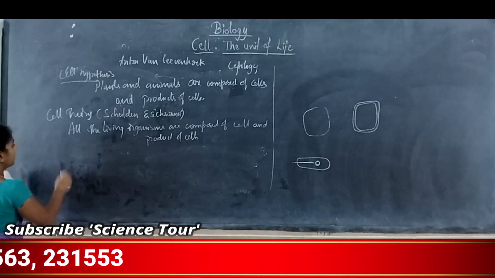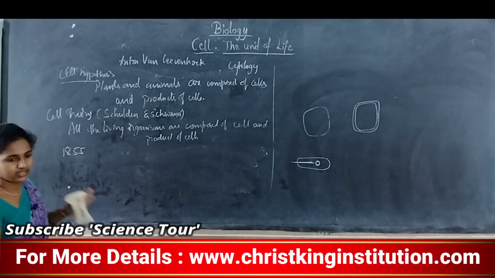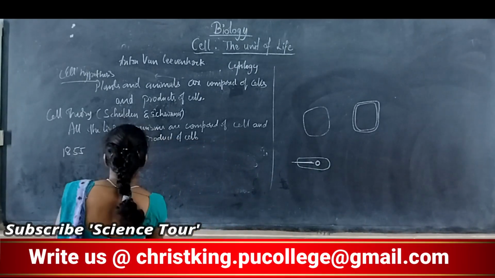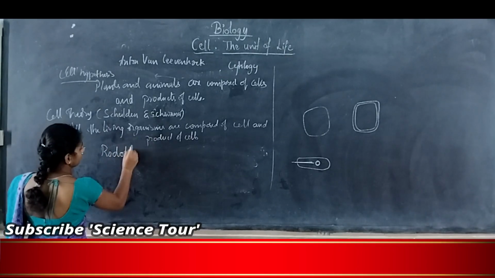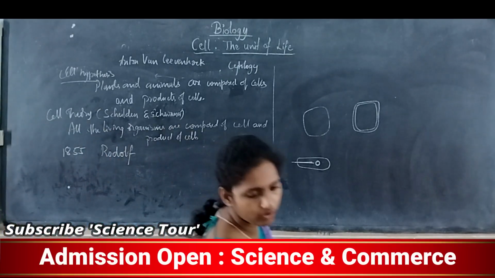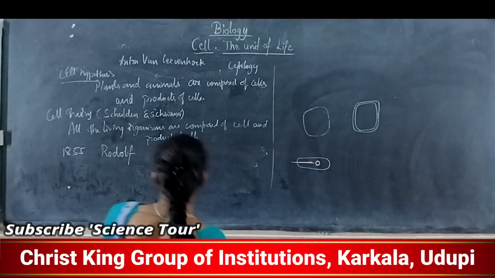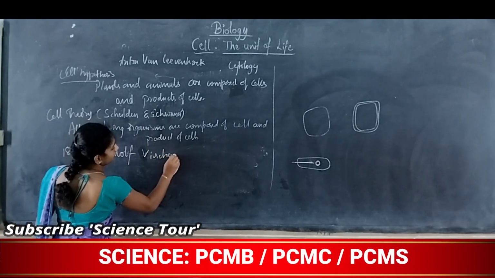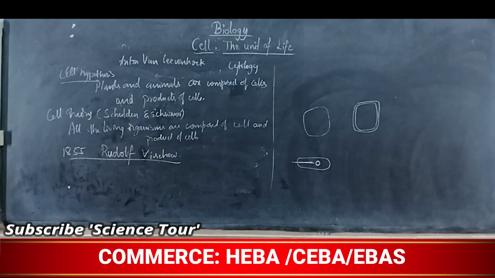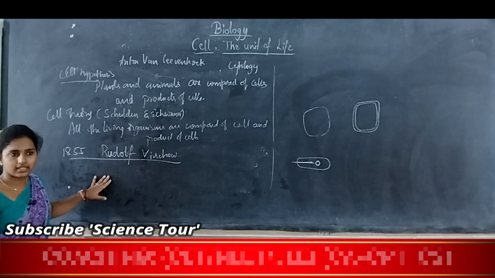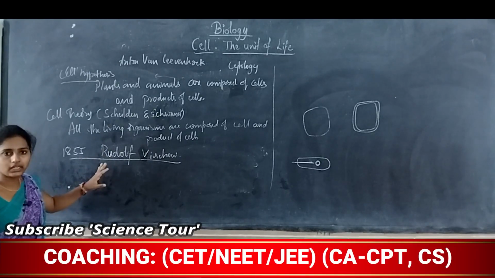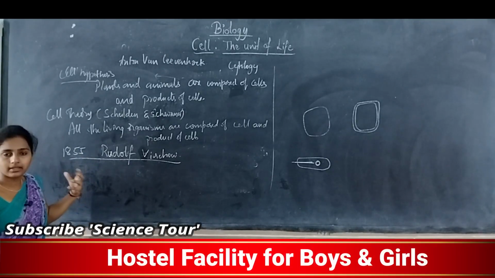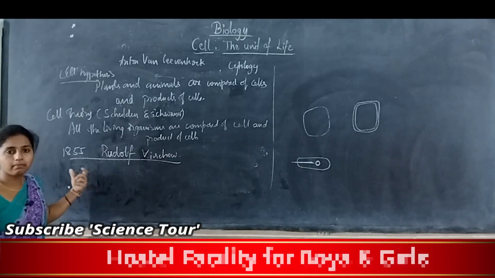Later, in 1855, Rudolf Virchow, while studying the cells in detail, found that the cells are formed from pre-existing cells, by cell division.